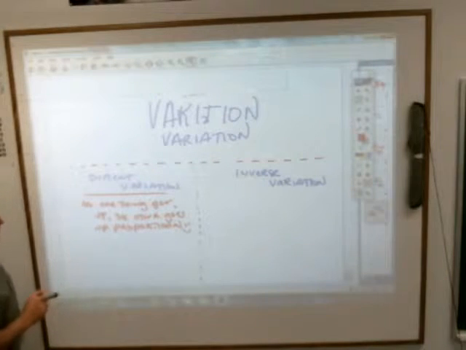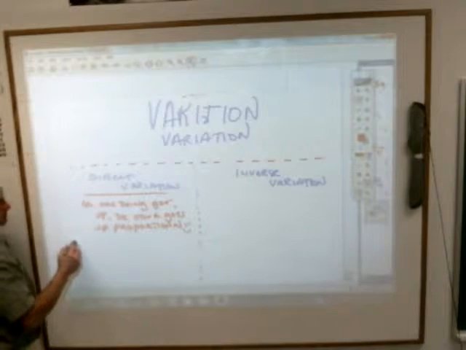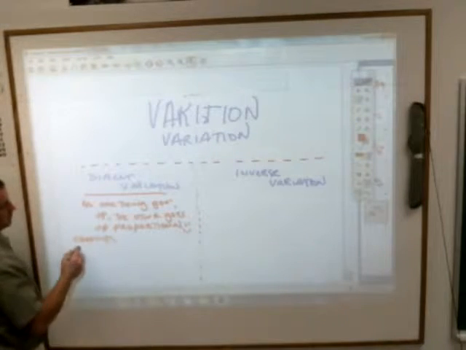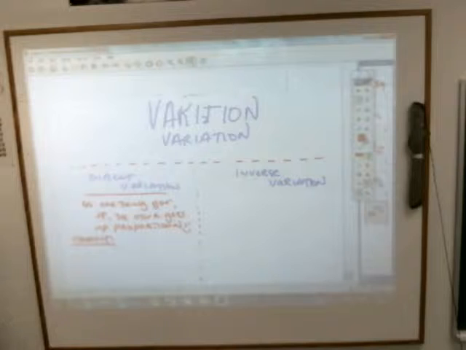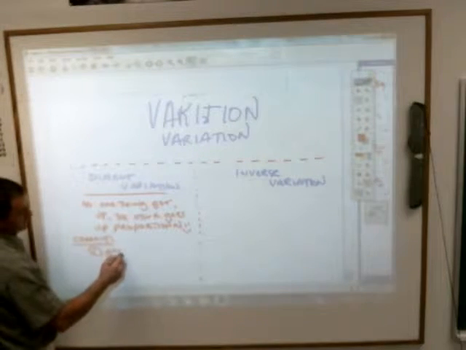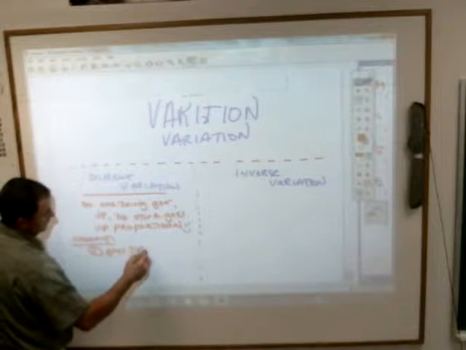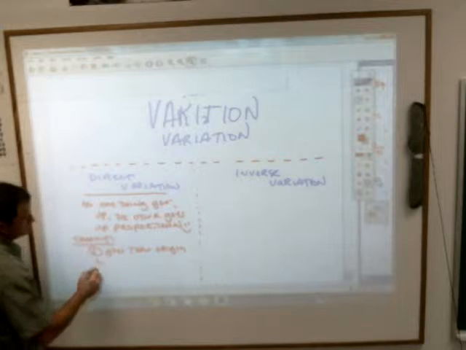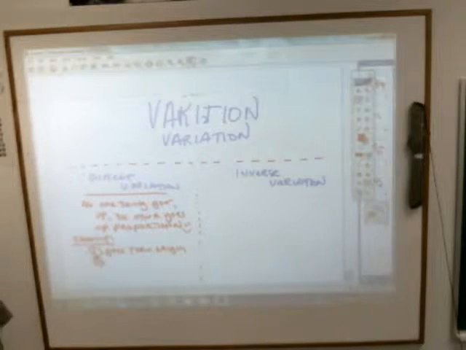But for something to be direct variation, there were 2 characteristics that it had to have, if you remember. Does anyone remember what they were? If you saw a graph of this, the characteristics were, John, number 1: it goes through the origin. Yep. And number 2, Jerry?